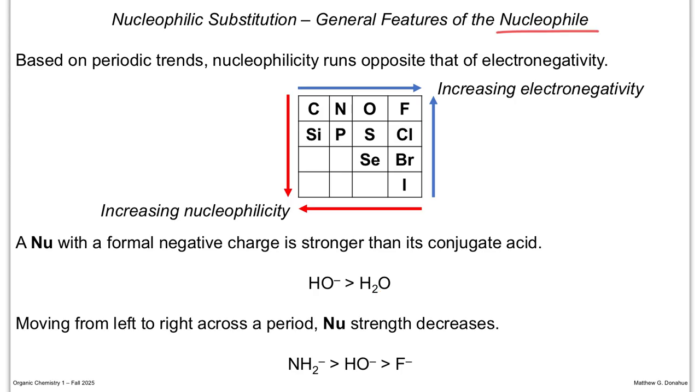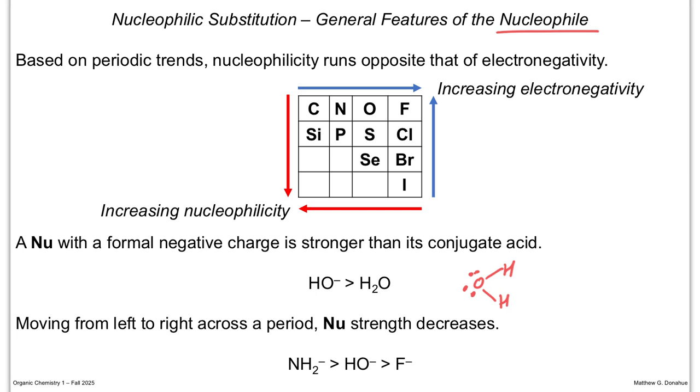If water were used as a nucleophile, it has these lone pairs, but in the SN2 mechanism, you're eventually going to have to get rid of one of these OH bonds.